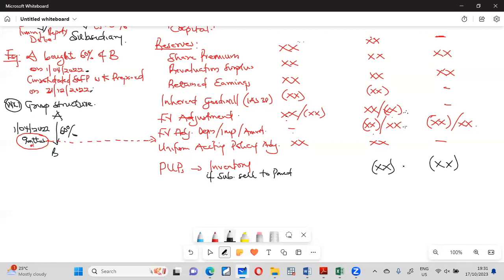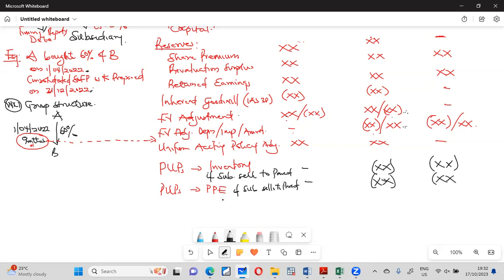All right. What about if the PAP is PPE PAP? This is where it gets a little bit tricky. For the PPE PAP, if the sub sells to P, to the parent, you repeat the same process as the inventory. So here will be dash, dash, nil, nil. Repeat the same process.